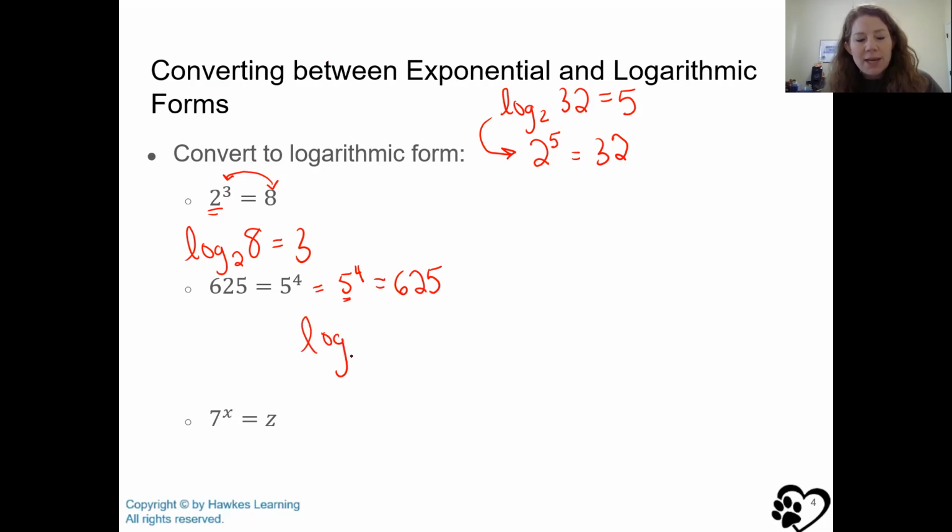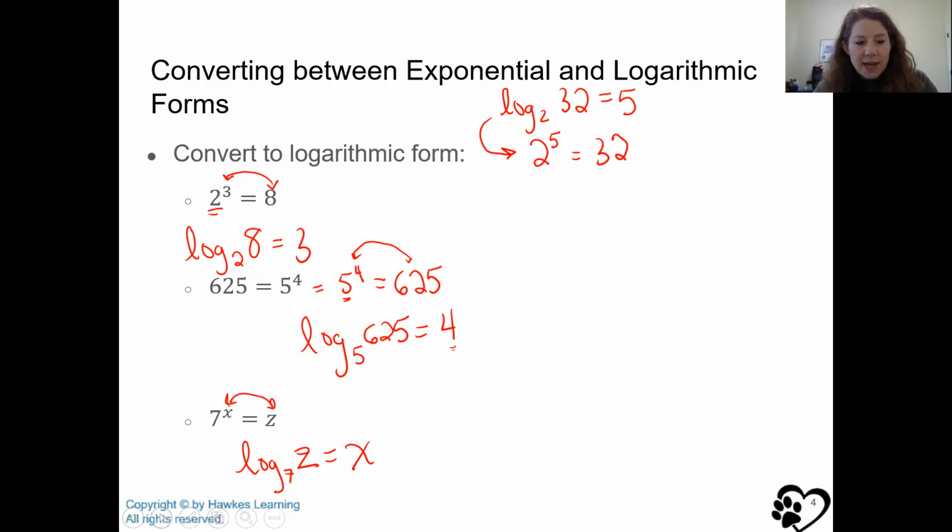So log base 5 of 625, these two guys trade places, is equal to 4. So that exponent becomes a large whole number down here at the end. The last one, we're going to say the log base 7 of z equals x.